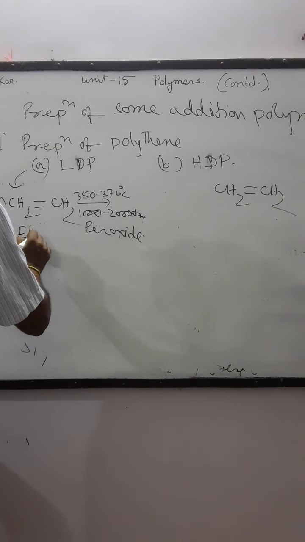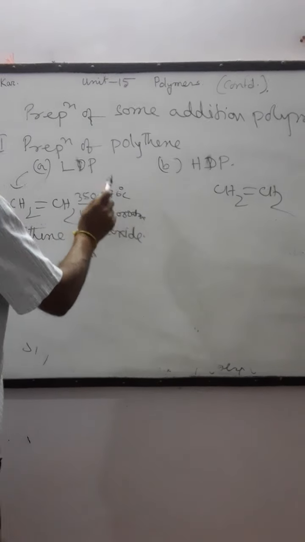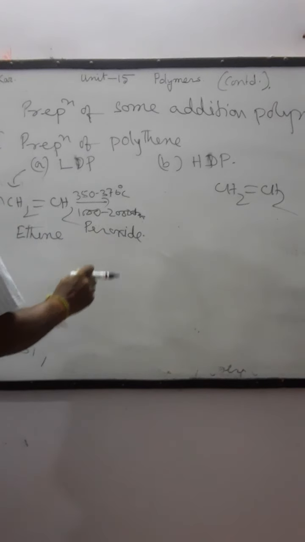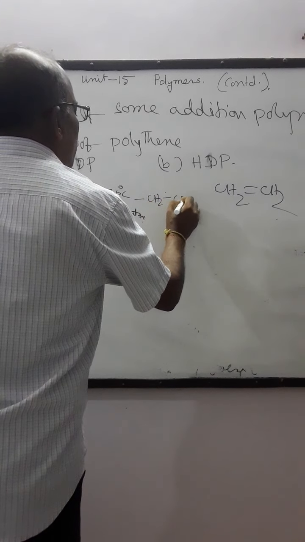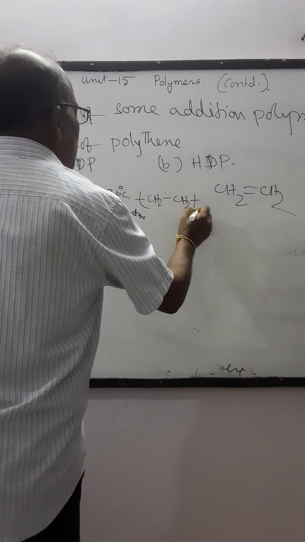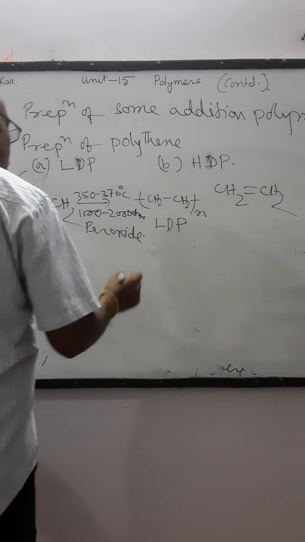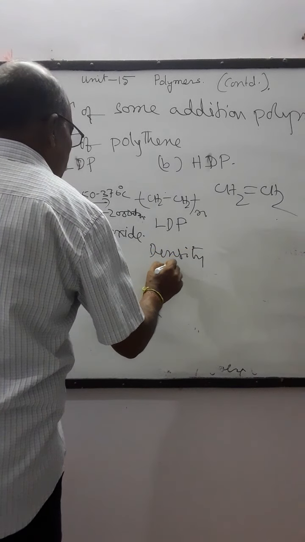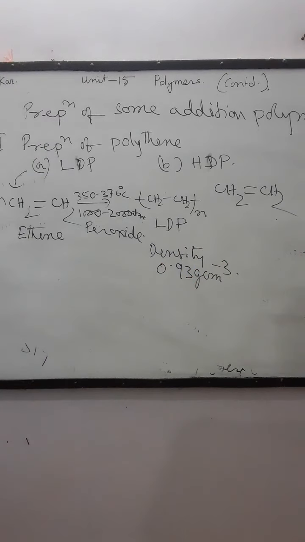So when ethene is polymerized under these conditions, it is converted to polythene whose density is less, so it is called low density polythene. Here the density is about 0.93 gram per cm cube.